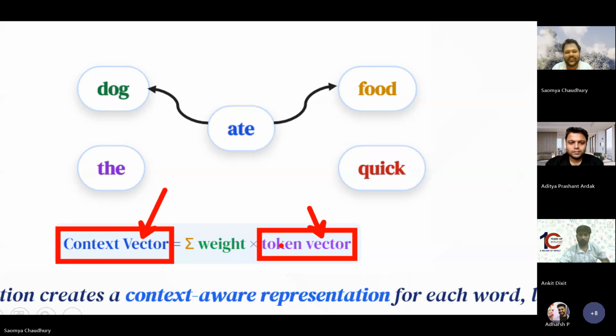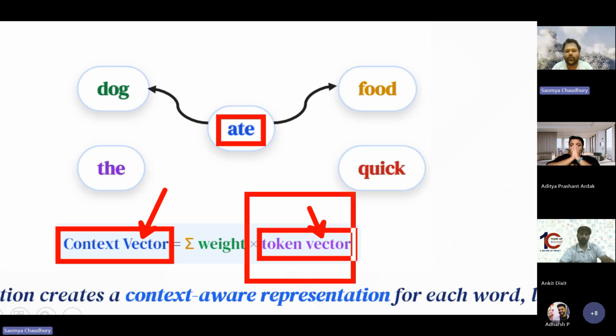What do you understand by the word token vector? Word embedding? Exactly. Token means a word, in very simple layman's terms. Let's say a token is equal to a word, though that is not so in many scenarios, but for our convenience the word is, let's say, a token. I'm representing it in 12K dimensions, and that becomes the token vector.